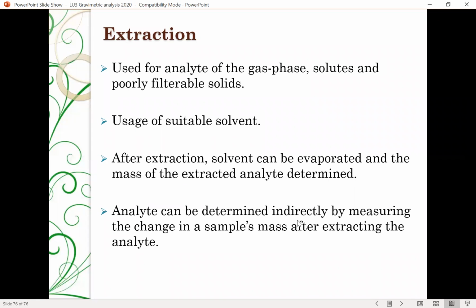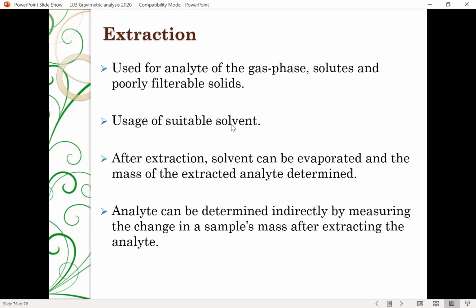After extraction, the solvent can be evaporated and the mass of the extracted analyte can be determined. Okay, so in the case of using extraction method in particulate gravimetric analysis, it's normally for the gas phase type of analyte, the solutes, and poorly filterable solids.